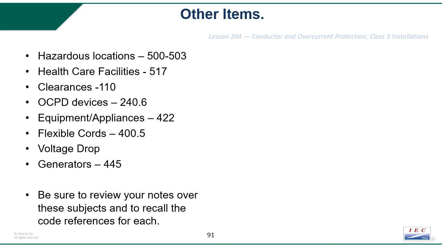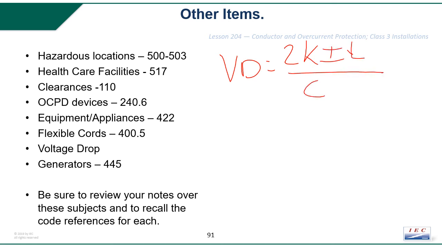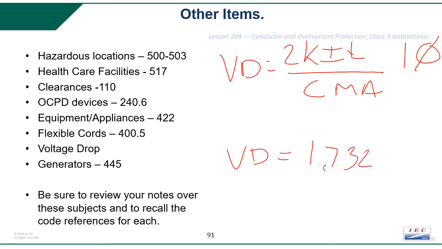For single-phase, volts dropped equals 2 times K times amperage times length divided by circular mils. And that's for single phase. For three-phase, volts dropped equals 1.732 times K times amperage times length divided by CMA.